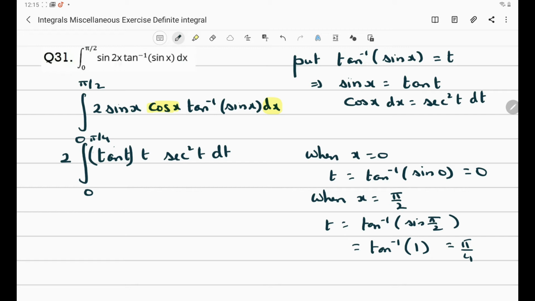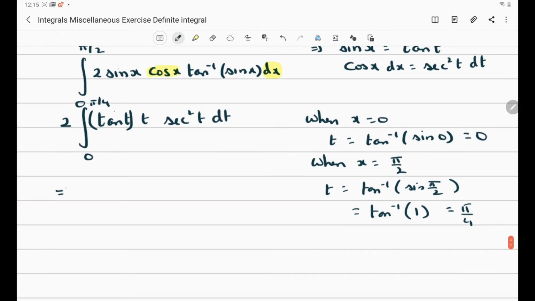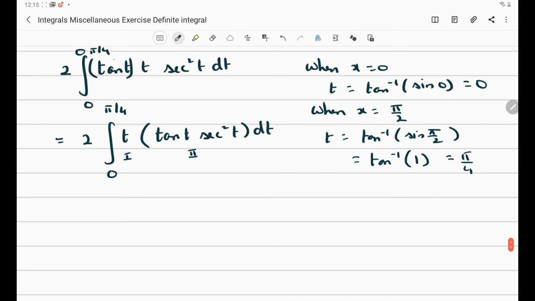So 2 into integral 0 to pi by 4 t into tan t into secant square t dt. Now we have two functions. One function is the algebraic function and second function is the trigonometric function. So we apply the ILATE rule, where algebraic function comes first, followed by the trigonometric function.